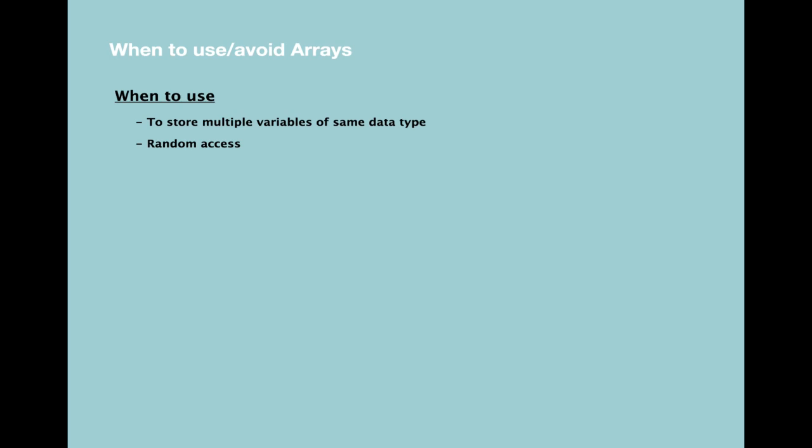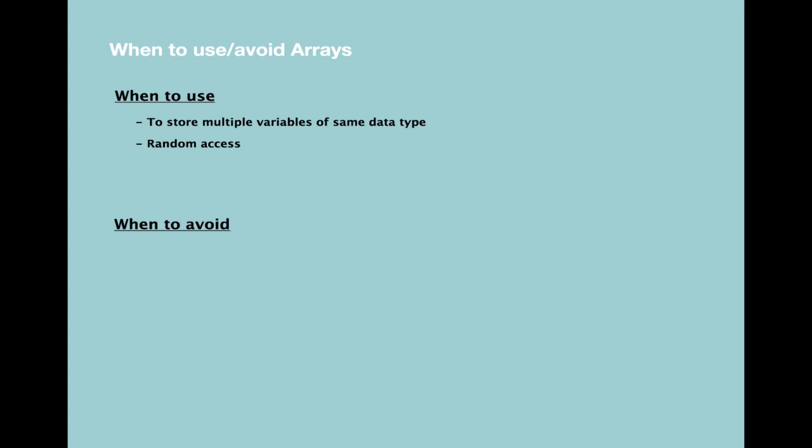If we use a different data structure, this will take O(n) time complexity because we have to traverse from the beginning of the list till we reach the element that we are looking for. But in terms of arrays, it will take O(1) because by knowing the location of the element in the array, we can straight away access it, and this is very efficient in terms of time complexity.